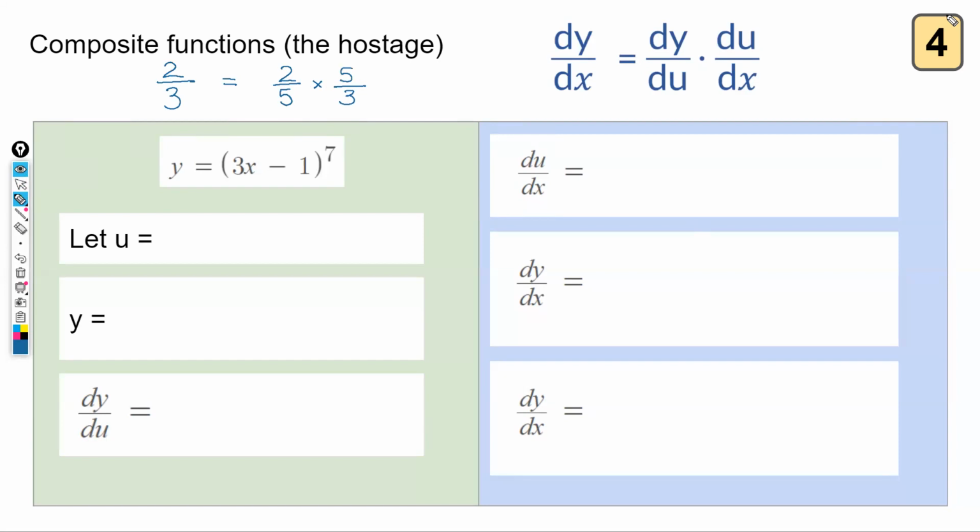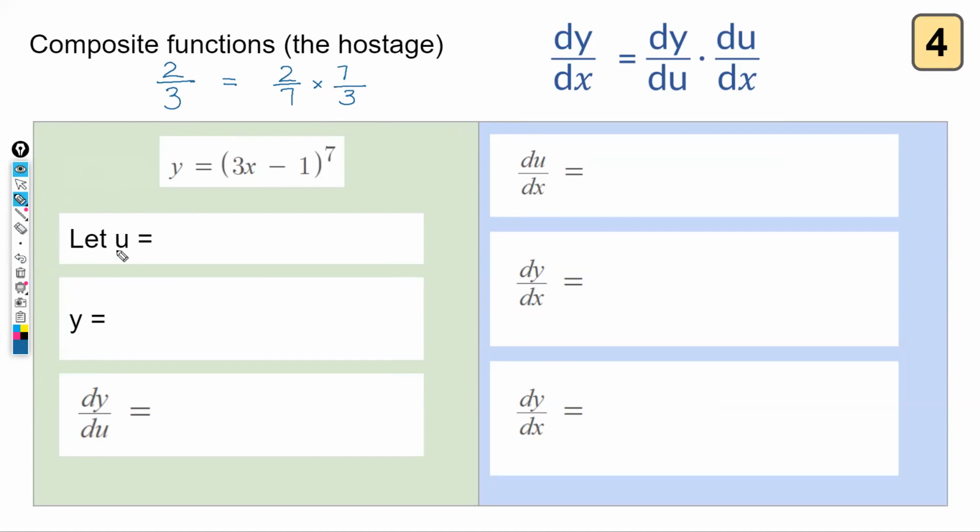I think the answer is yes, because the 5 and the 5 will cancel out to leave you with 2/3. It doesn't matter what I put here, once they are the same. I could put a 7 here, I just have to make sure I put a 7 here, because the same items will cancel out.